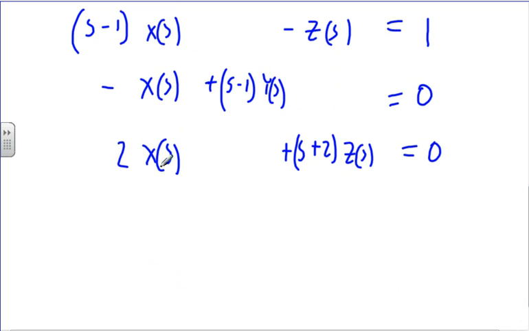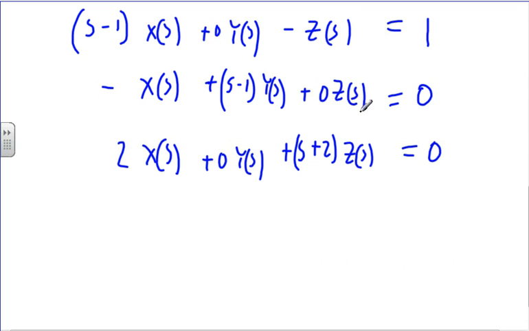Now I've got 3 equations, 3 unknowns. I have a plus 0 y of s sitting there, a plus 0 y of s sitting there, a plus 0 z of s sitting there. So you can see what it is.